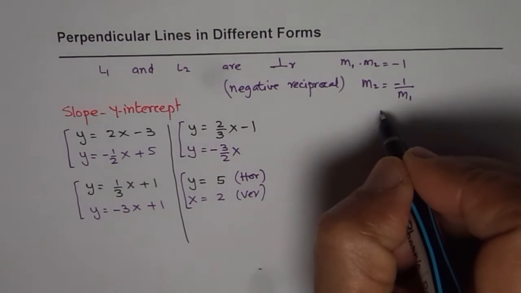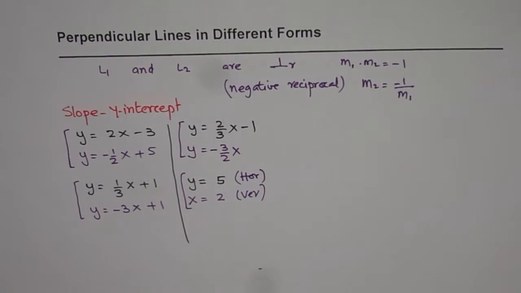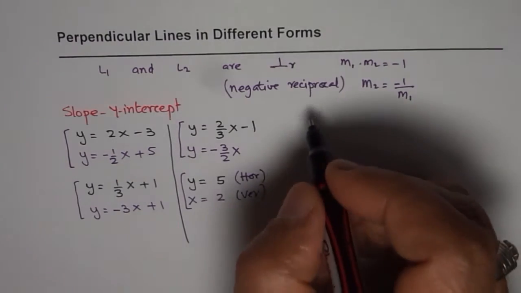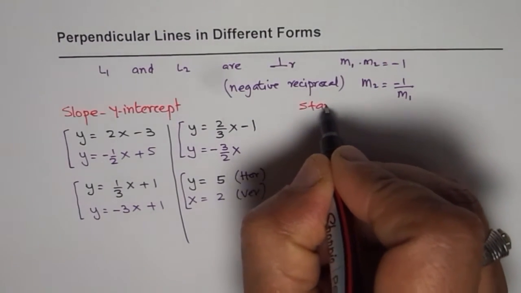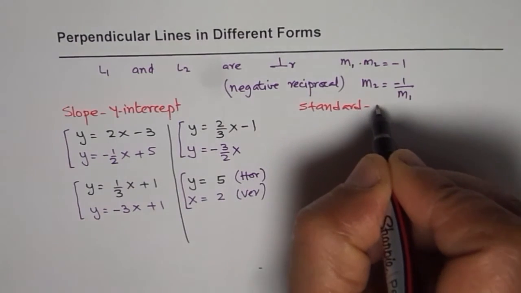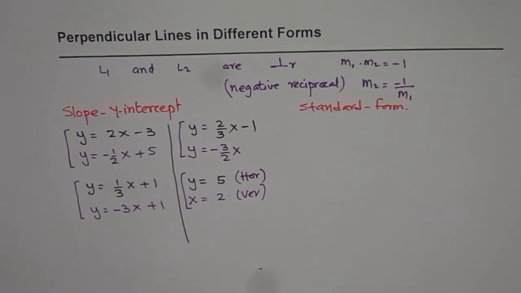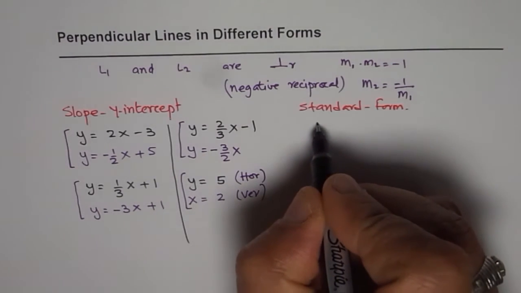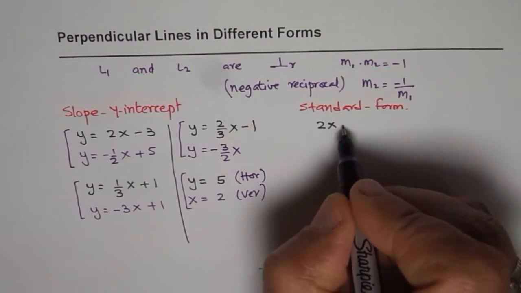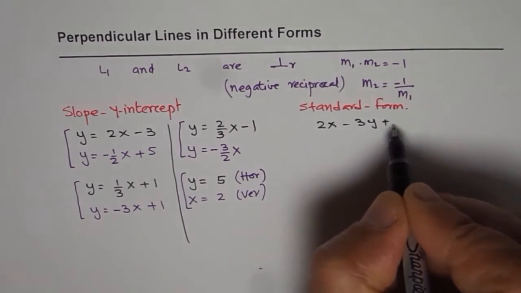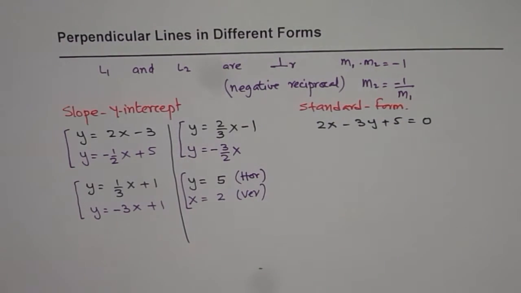Now let's take examples of an equation which is in standard form, right? Let's see how to write the equation of a perpendicular line if we are given an equation in standard form. What I mean to say is, if the equation of the line is 2x minus 3y plus 5 equals 0, how are you going to write directly the equation of a perpendicular line?